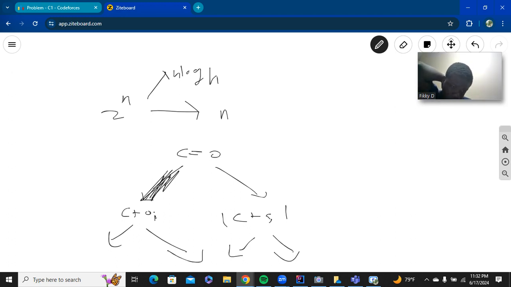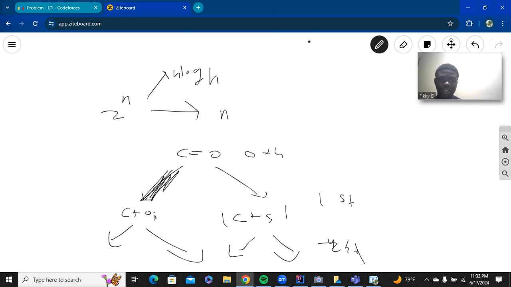But basically, the idea here is that every level represents what C is on that step. For example, C is 0 on the 0th step, and for the first step we have two choices. For the second step, we have four choices of what C could be, and then for the third step, we have eight choices of what C could be.